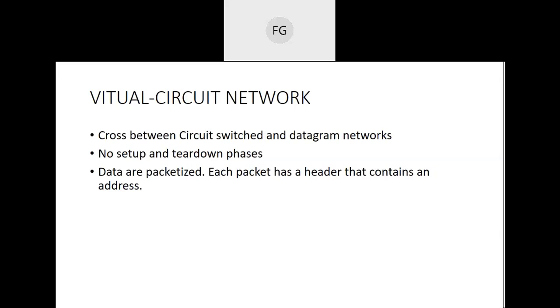As in the circuit switch network, virtual circuit networks have setup and teardown phases in addition to the data transfer phase. This particular characteristic it shares with the circuit switch network.